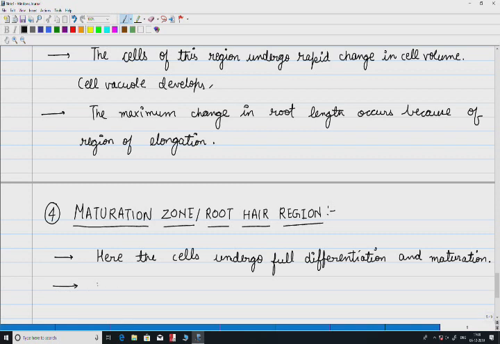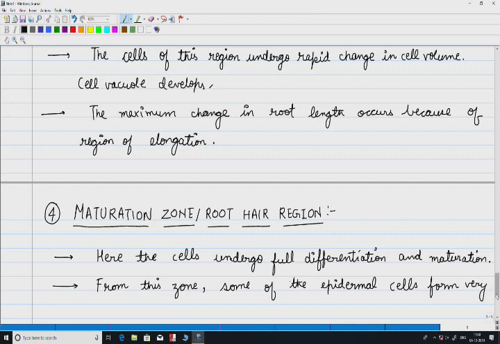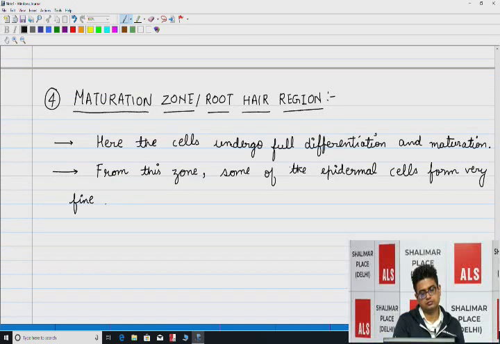And from this zone, some of the epidermal cells form very fine thread-like structures called the root hair.